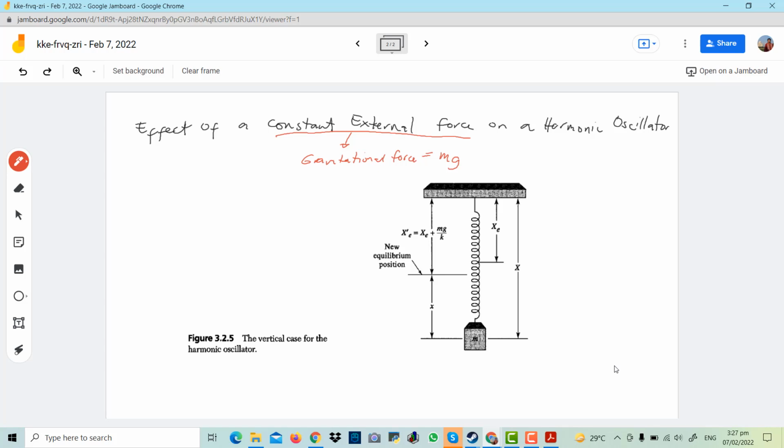Okay, so let's look at this. Take note, when you attach a mass, what will happen if it's just a spring? If it's just a spring, this is the equilibrium position. As you can see, if you draw the equilibrium position, it is here.